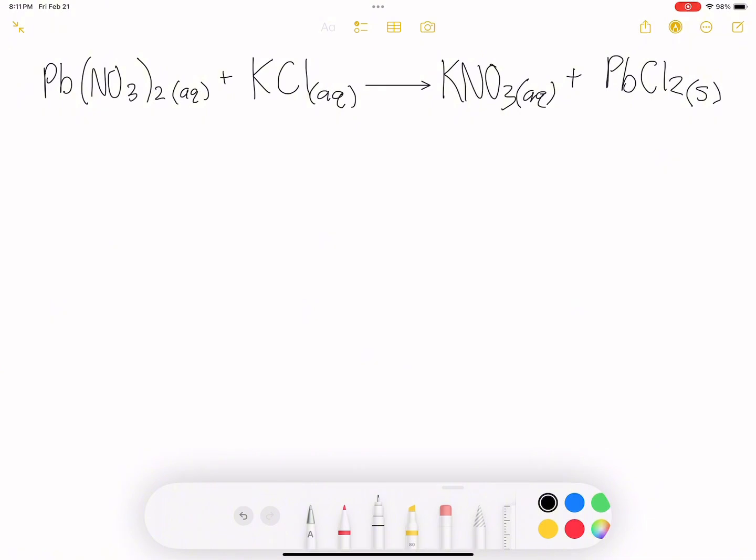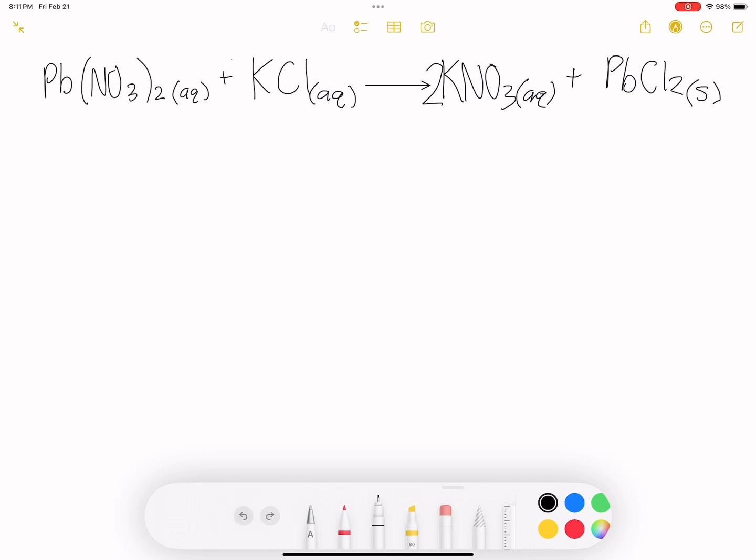The next step, of course, is to balance this equation. I like to start with whatever I see that's in parentheses. So NO3 is in parentheses, and we see that it has 2. There are 2 NO3s, which means we need to add a 2 on the product side, right? But now we have 2 potassiums here.